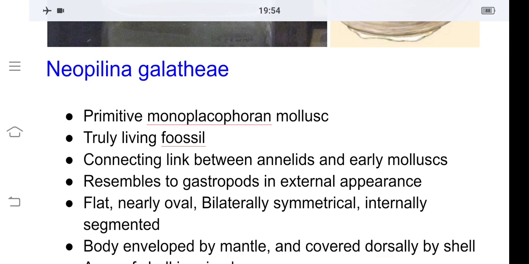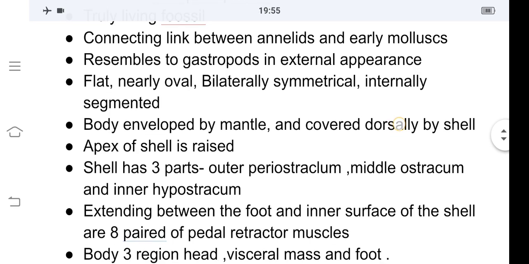Neopilina very closely resembles a gastropod limpet in external form and appearance. Its body is flat, nearly oval, almost bilaterally symmetrical, internally segmented and about 3 cm long. The body is enveloped by mantle and covered dorsally and laterally by a thin, flat, subcircular, bilaterally symmetrical and univalved shell secreted by the mantle.